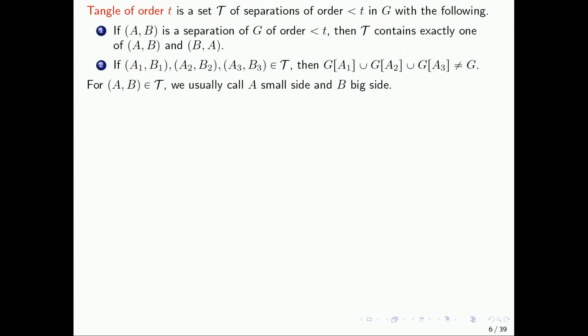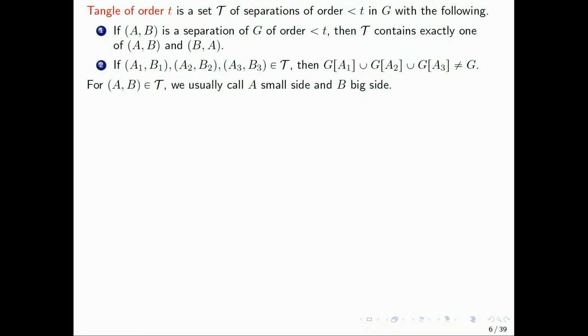So whenever you have a separation, exactly one of the parts contains the highly connected structure. This fits condition 1, so we do not contain both (A, B) and (B, A). Whenever (A, B) is in the tangle, we usually call A the small part and B the big part.